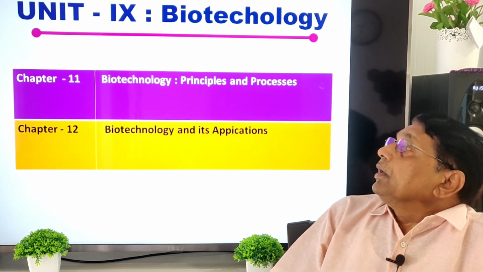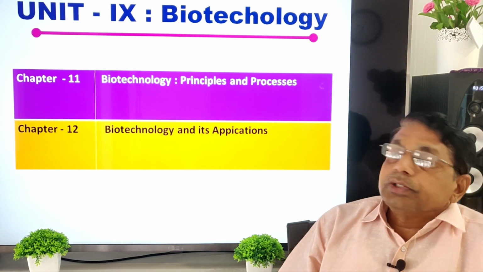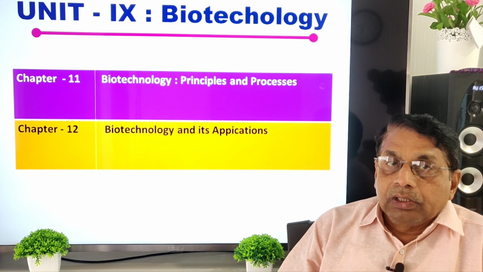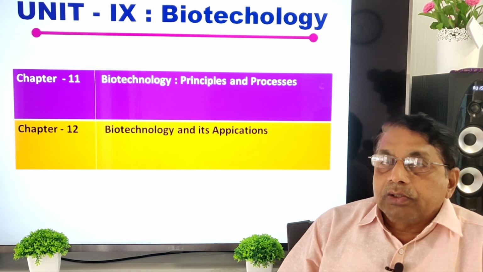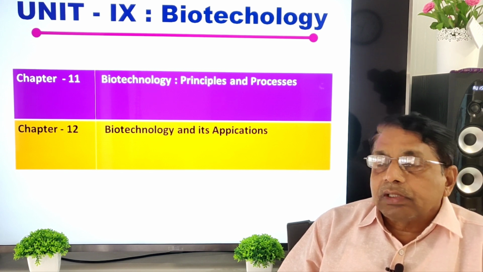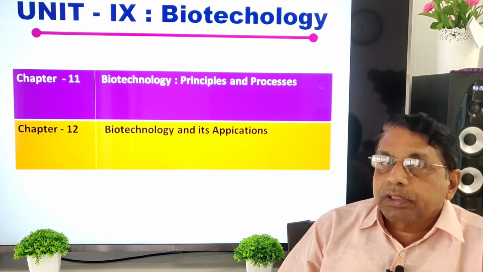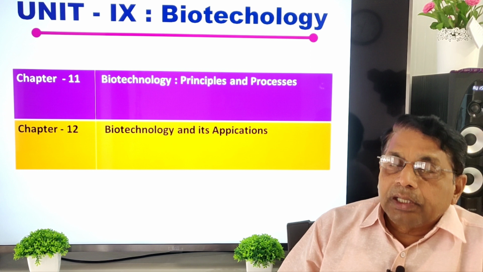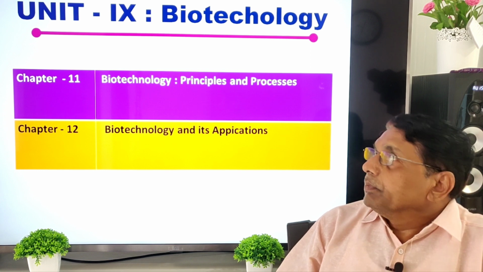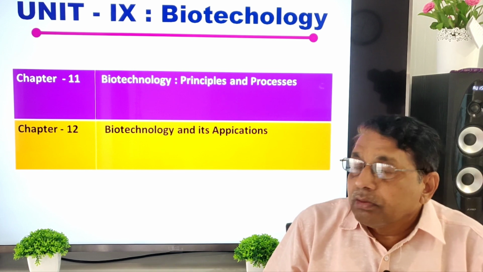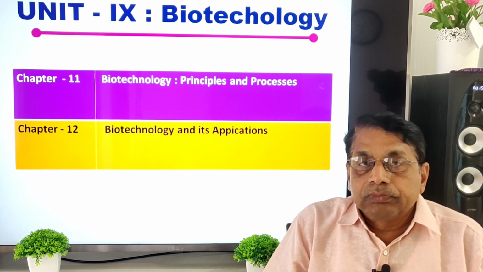Chapter 9 deals with biotechnology. Biotechnology has been there since ancient times when man started producing the wines, mushrooms and other things, but recently it has got the importance. Biotechnology principles and processes.